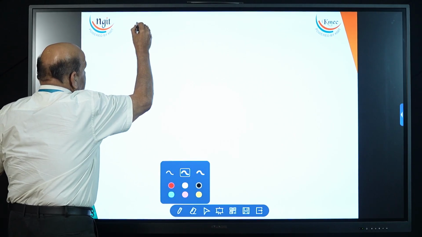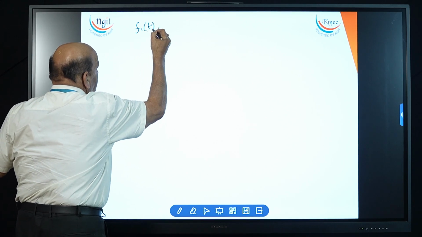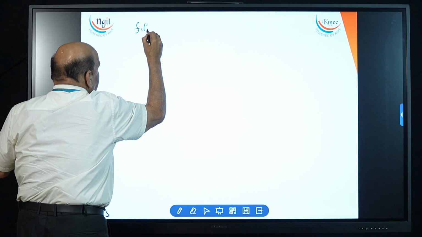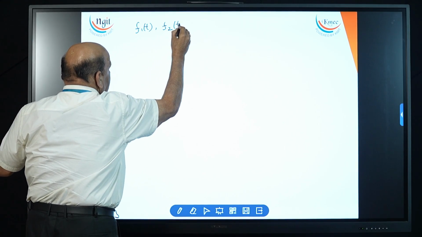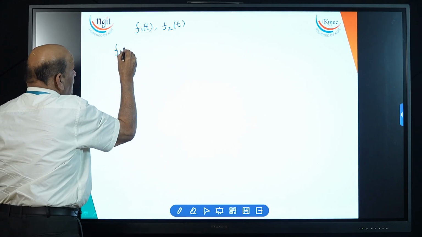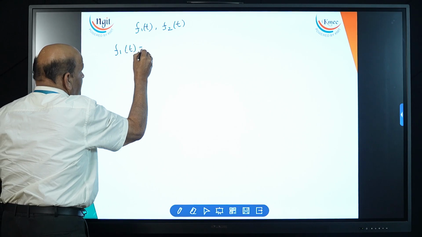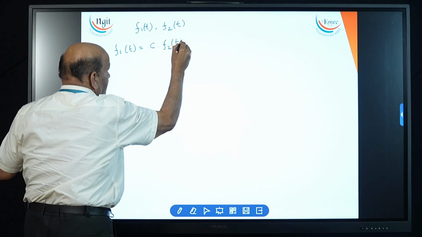Now let f1 of t is a signal. f2 of t is a signal. Now, one signal can be expressed in terms of another signal, just like vectors.